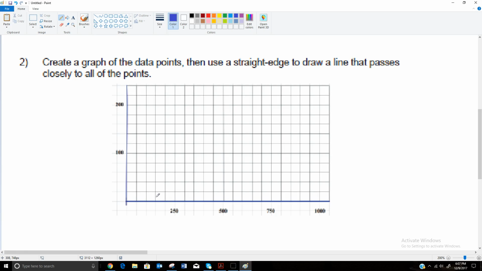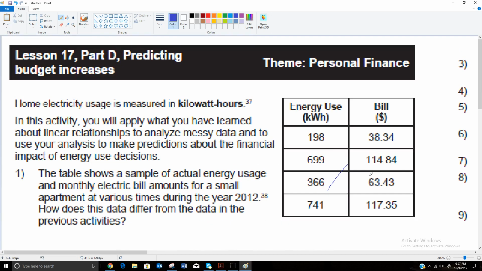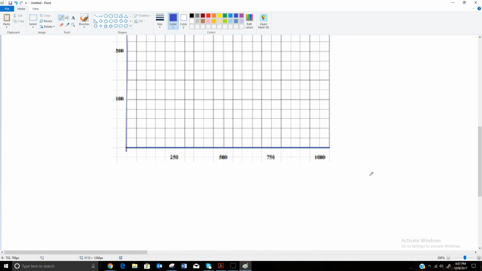So if I'm trying to do 198, I want to be close to 200, and then 38.34. So I'm going to be a little bit shy of 200, and then these go by 20s. So this is 20, 40, 60, 80, 100. I've got to get a thinner pen since I zoomed in.